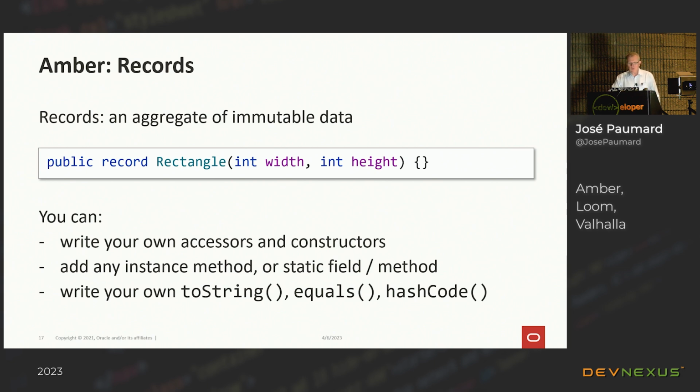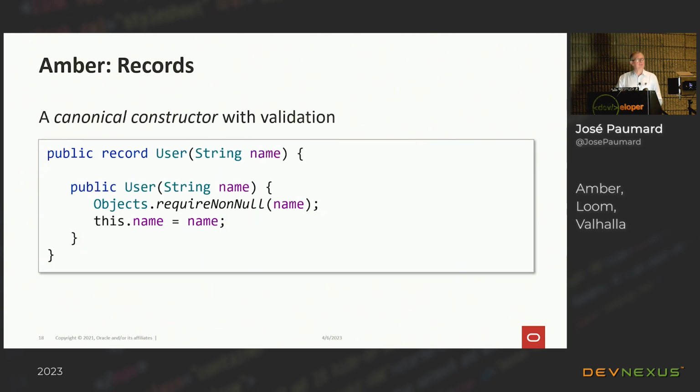So if you have a user record, for instance, you can write this user record in this way, where in the canonical constructor, the constructor that takes the components, you actually are doing some validation. You don't want a null name, and you are copying the value of the argument in the field yourself. You need to write this kind of code.